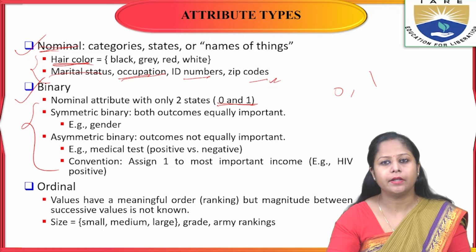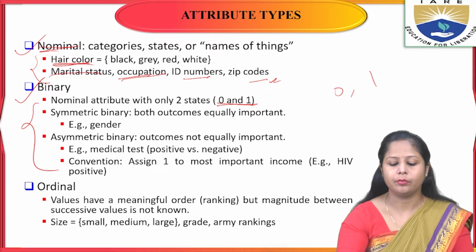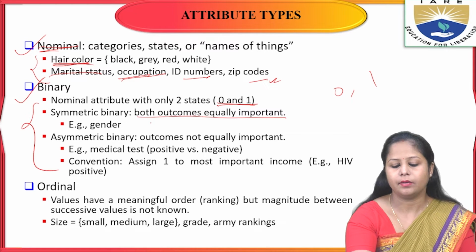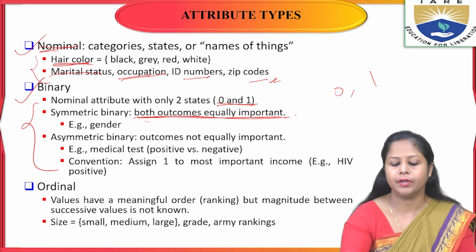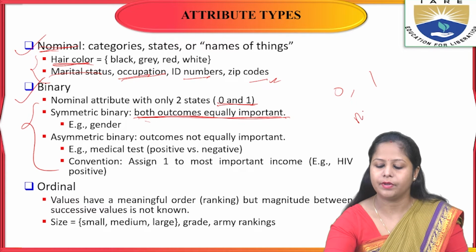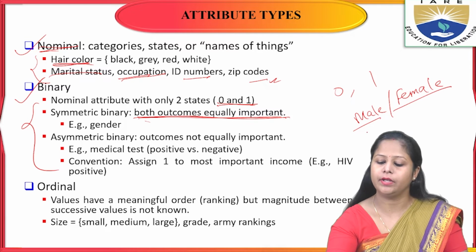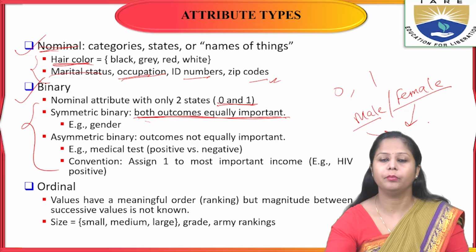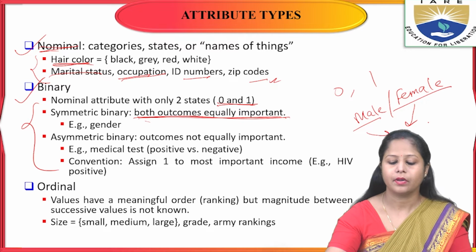What is symmetric binary? Both outcomes are equally important. For example, gender, male or female; for the event occurrence, both are very important.